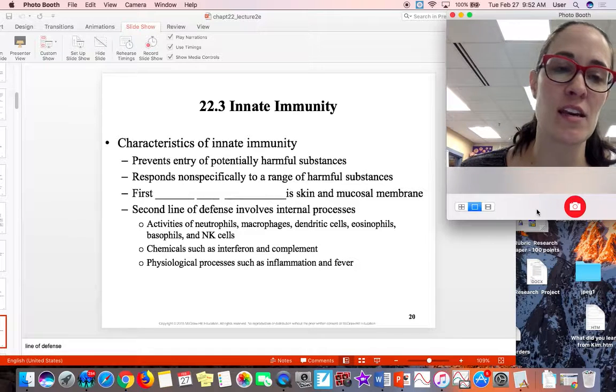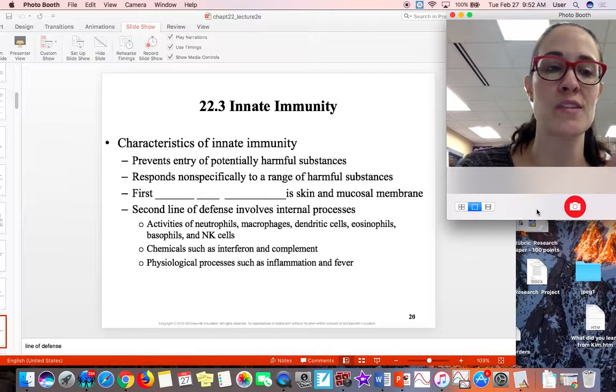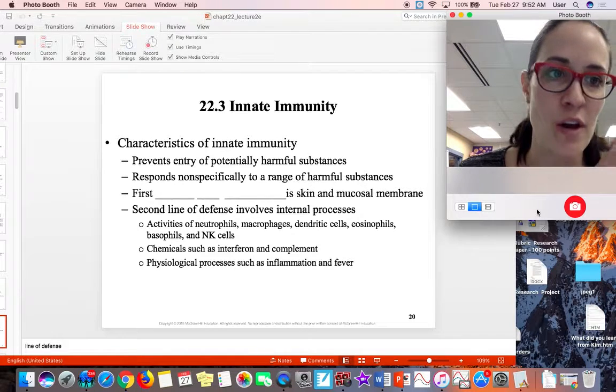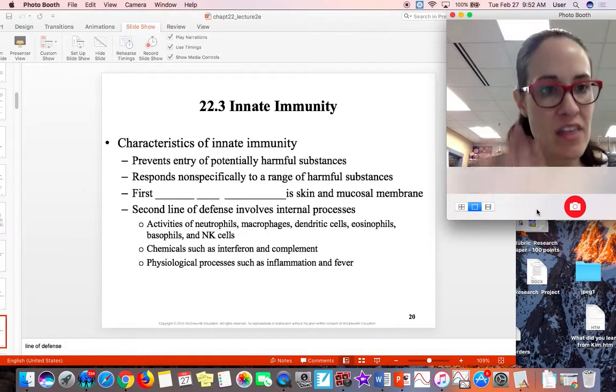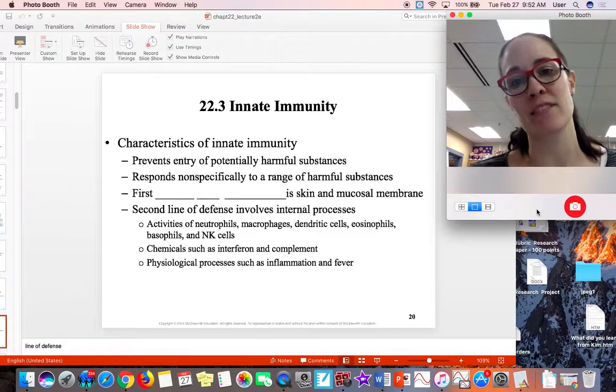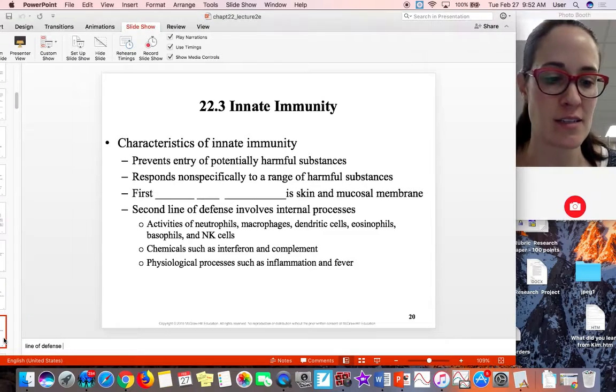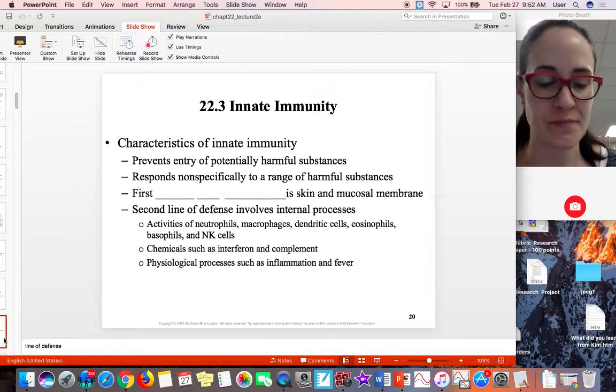Everything else in the innate immune system is grouped in what's called the second line of defense. So if something gets through the skin or gets past the mucous membranes, then the second line of defense will activate. This includes cells, chemicals, different processes, physiological processes.